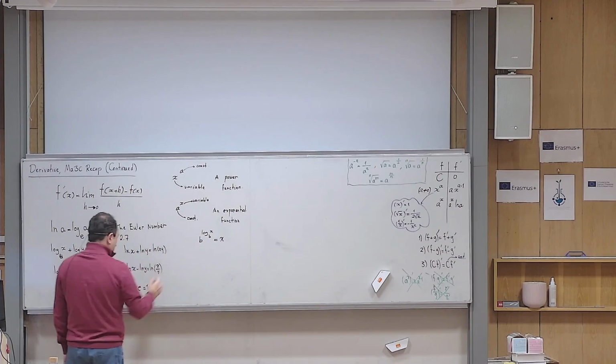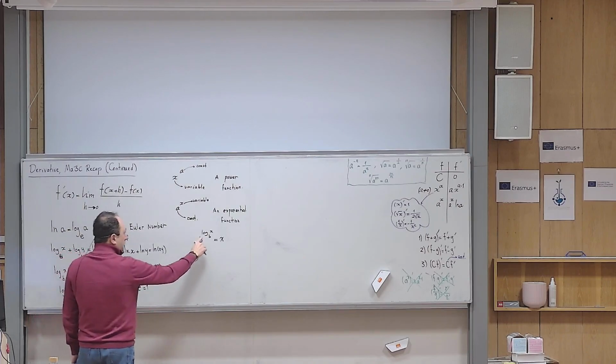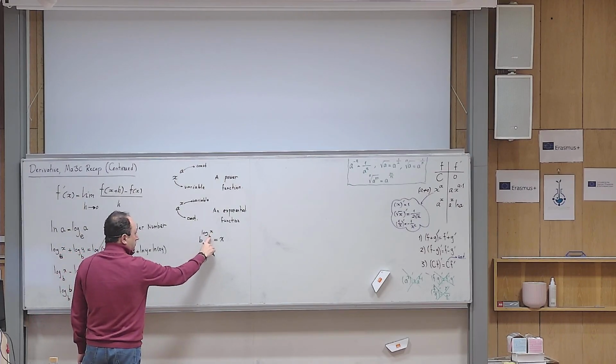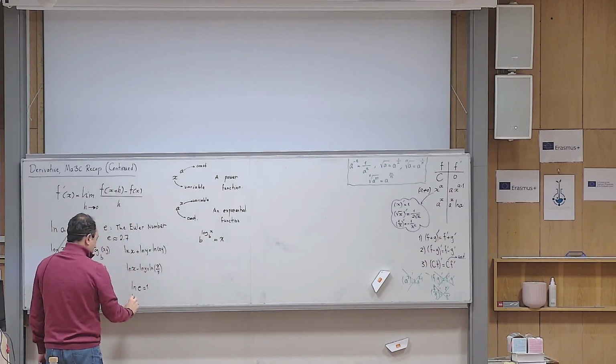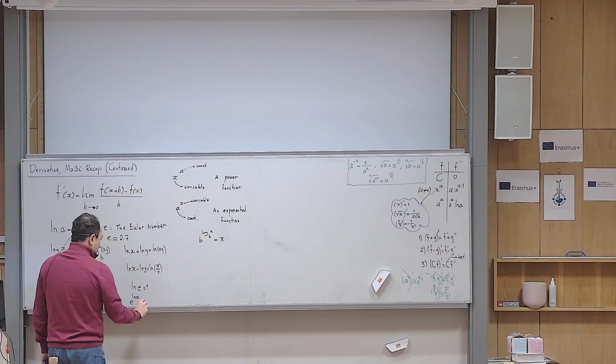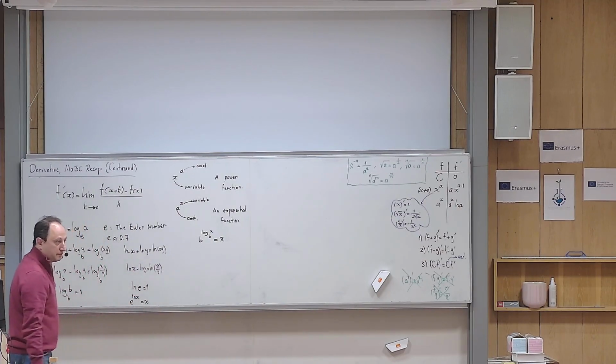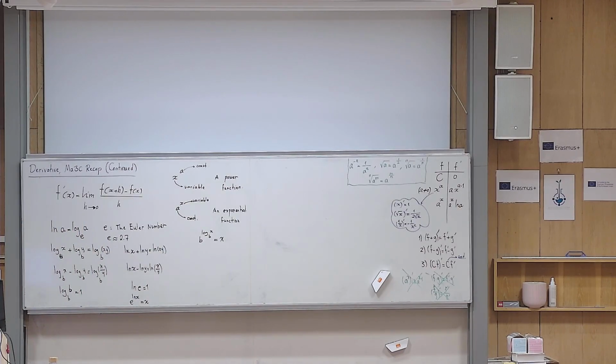So this becomes e to the power of logarithm of x to the base e, but logarithm of x to the base e is called ln of x. And this becomes x. So these are important things that you need to know about the natural logarithm.